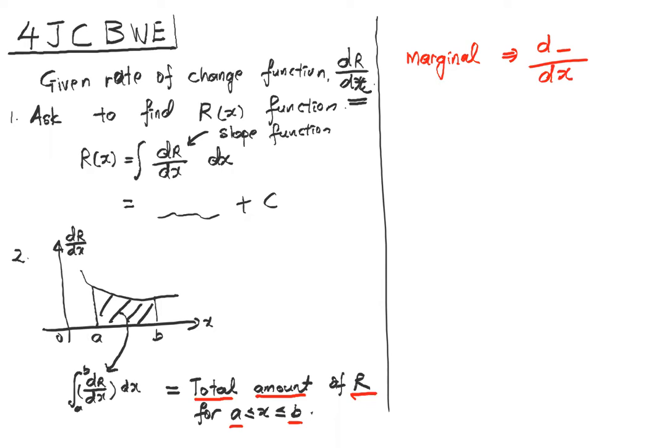So marginal cost means rate of change of cost, and marginal profit means rate of change of profit. You have to remember the meaning of the word marginal. So example 10, I expect you to look through by yourself.